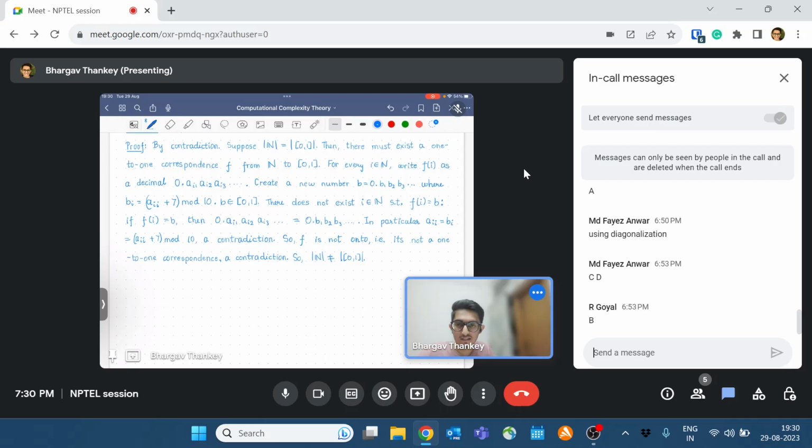Is this fine? Yes. But where is, I mean, how do we use the term diagonalization here? Yeah, I'm drawing that picture now.